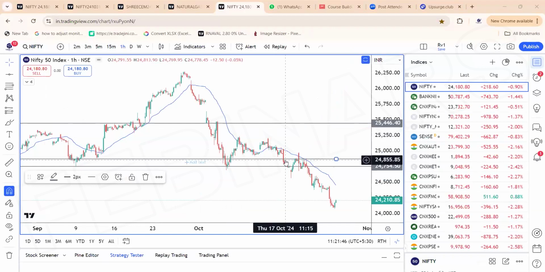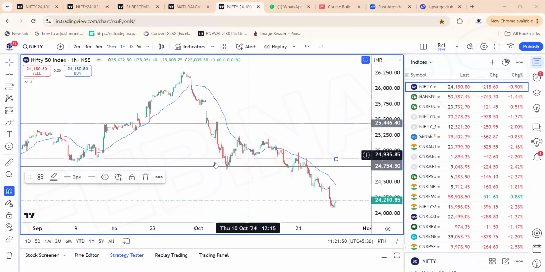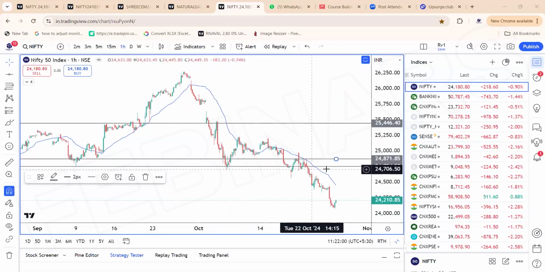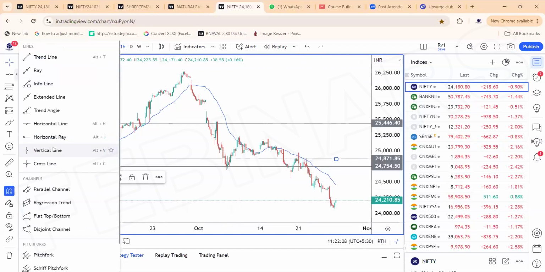So we are seeing the area of confluence and the zonal area where the price has occurred here. On the recent Nifty chart, the important point is to understand the candle behavior through the supply and demand zones.